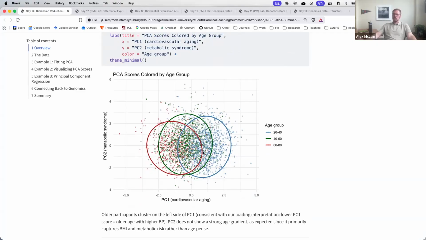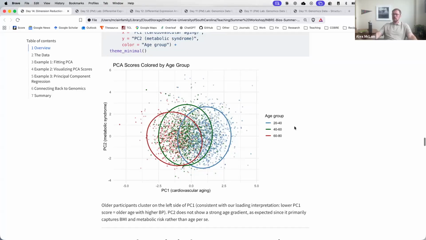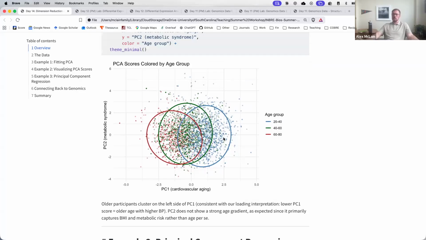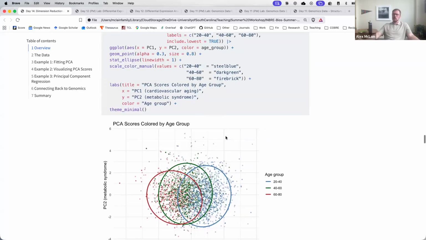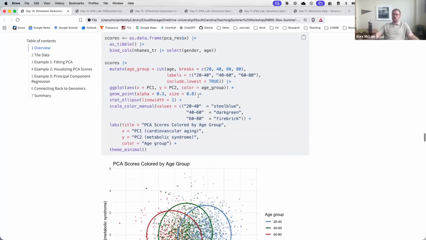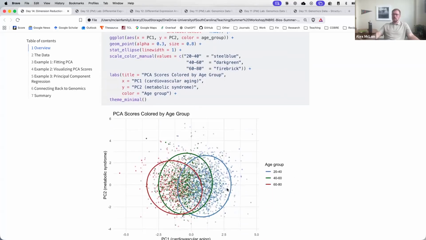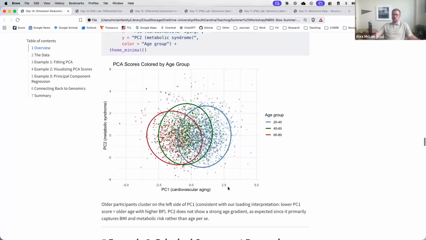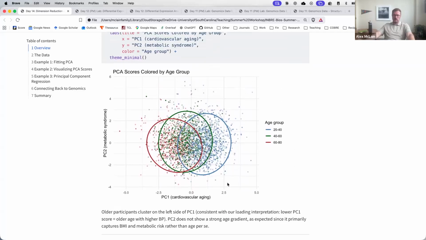Not much relationship with PCA2. We know age does not have a relationship with PCA2, but some of the other variables related to age might. So you can look at the relationship between any grouping variable. This is a nice package to take a look at how it's related to the PC scores that we could be interested in.